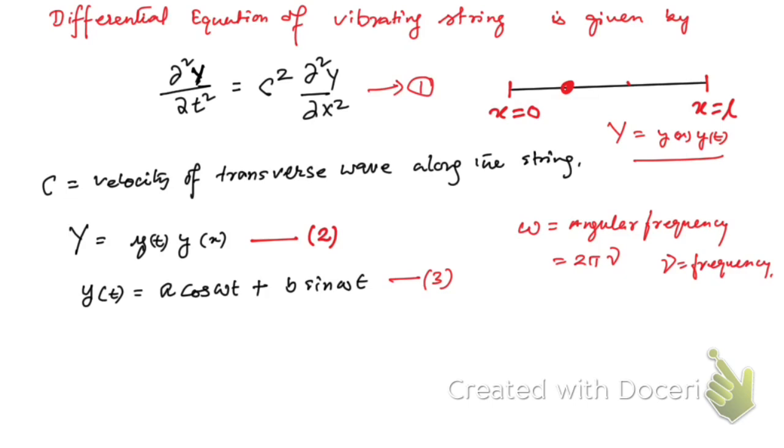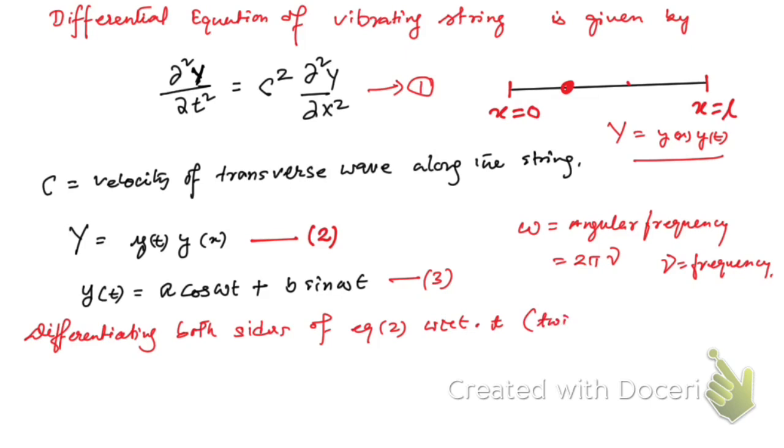Now let me differentiate equation number 2, differentiating both sides of equation number 2 with respect to time t twice. Here we are going to differentiate partially with respect to time, so we consider this function of x as constant.